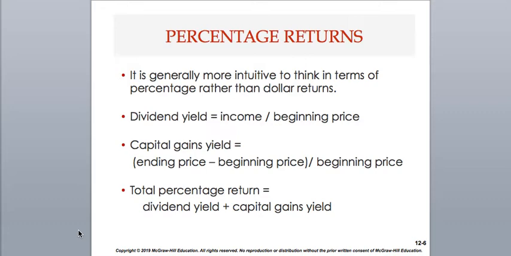So for example, something we just did in chapter 8, the dividend yield is equal to your income over the beginning price, and your capital gains yield is equal to your ending price minus the beginning price over the beginning price. So your total percentage return, and you will remember that from chapter 8, is equal to the dividend yield plus your capital gains yield, which would give you a percentage return.